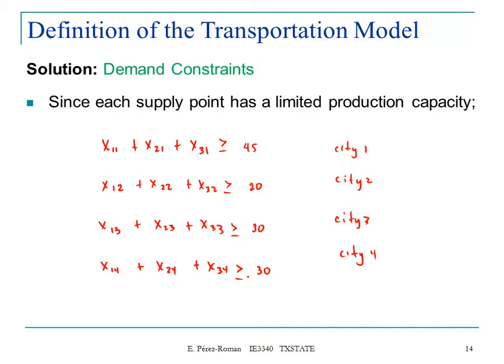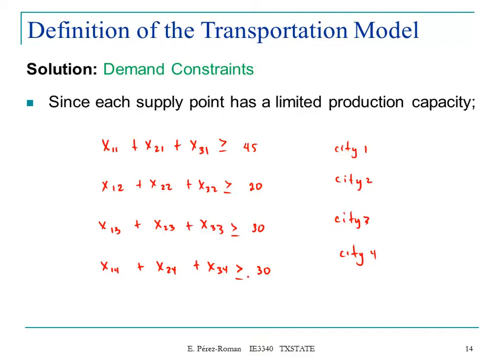Yes? Is the sum of your supply and the sum of your demand always going to equal each other? What do you mean by that? Like 45, 20, 30, 30. Oh yes, that's a good question. If you add this, 60, 80, 125, then you have 125. This is because the problem is balanced.